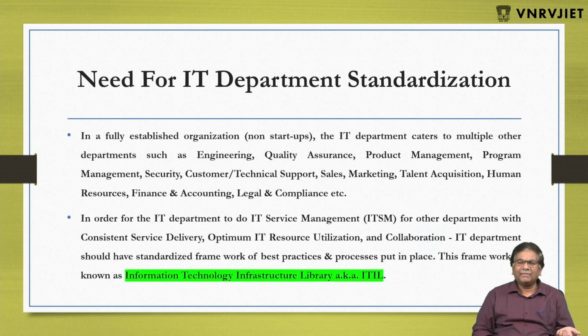Everybody needs computers, monitors, keyboards, mouses, network, and applications installed or procured. All these things come under the big umbrella of the IT department. So IT is a very crucial department, and it caters to all the other departments, unlike other departments.